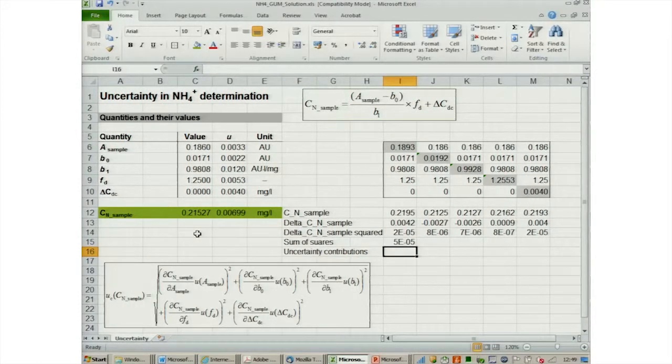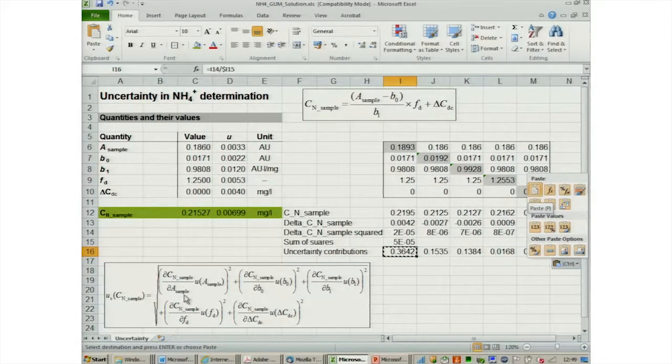So, uncertainty contributions. And we simply divide this square by the sum of all squares. But since we want to copy, it is useful to fix the column. And we copy it all the way here.